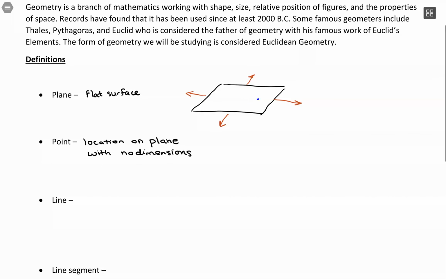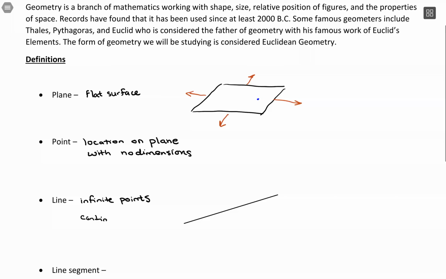Now, a line is made up of infinite points that all connect together. I'm sure all of you have seen a line before, and how we draw it is just like that, or even, let me get a better line here. Here we go. So we have a line. Now, in geometry, when we say a line, it should continue forever.